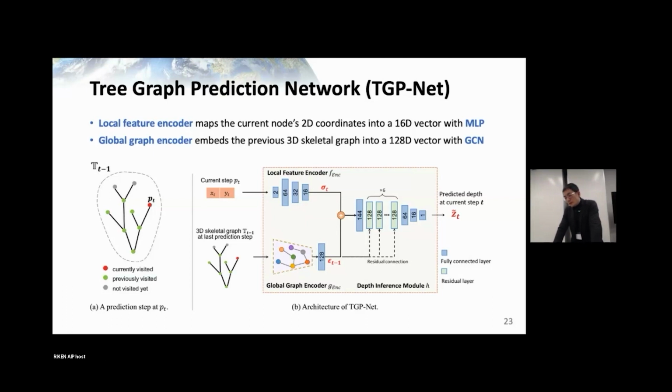And these are based on MLP and also graph convolutional neural network. And then the output is just a scalar value of the depth of the currently visited node. And it works in a progressive manner to estimate the depth information.